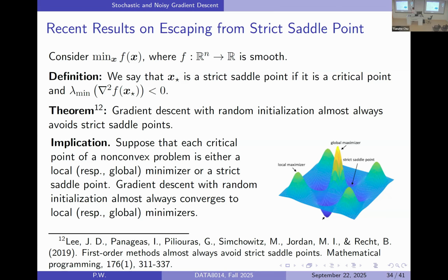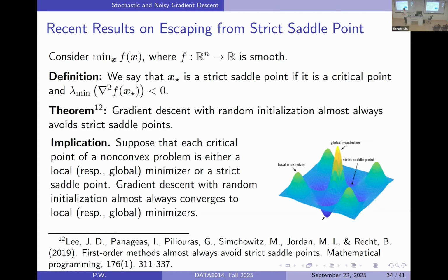You know what I mean, right? Gradient descent may converge to a critical point, right? But this result tells us a very important thing. When this critical point has some additional property, when it is a strict saddle, then gradient descent will escape from this kind of critical point.